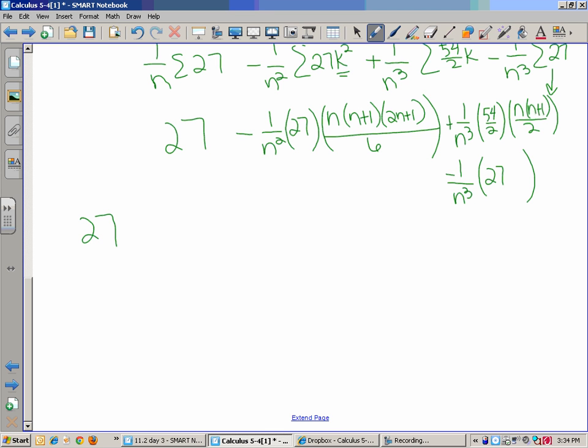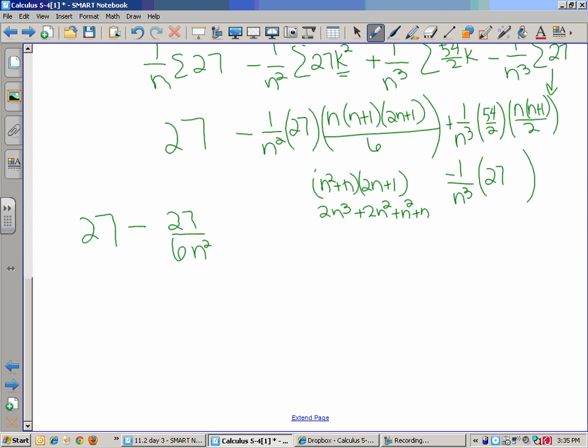All right, so now I have to do some good math, and I need to FOIL out a bunch of stuff. So let's FOIL this out. This is going to be n squared plus 1, 2n plus 1. So n squared plus n. So 2n cubed plus 2n squared plus n squared plus n.